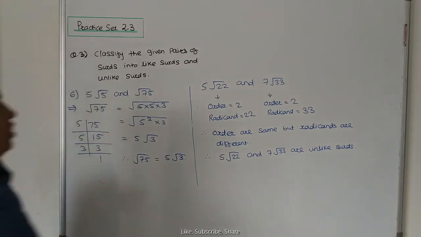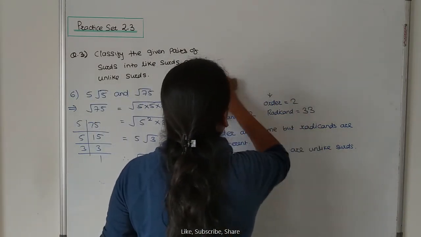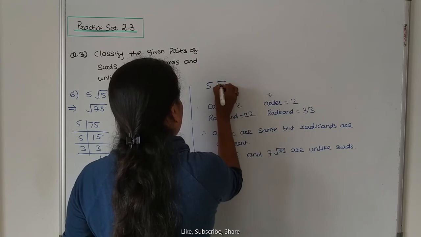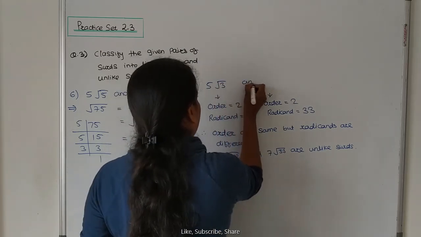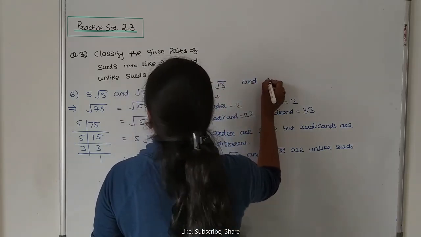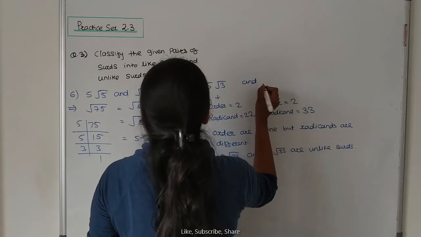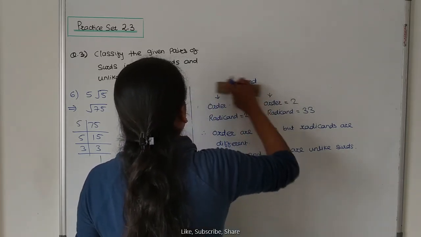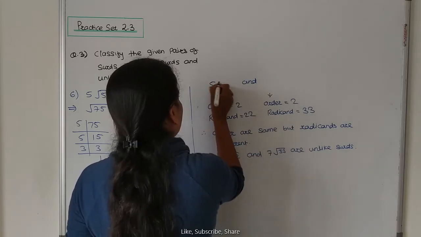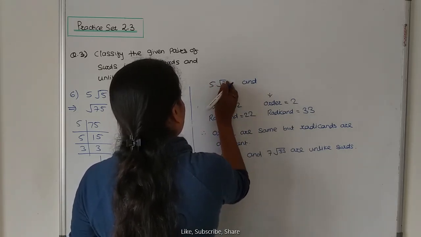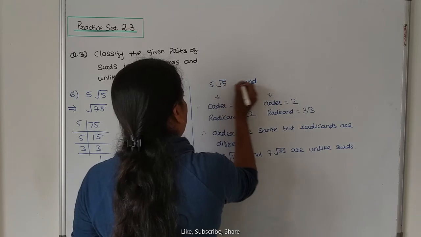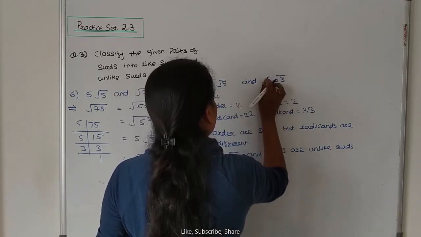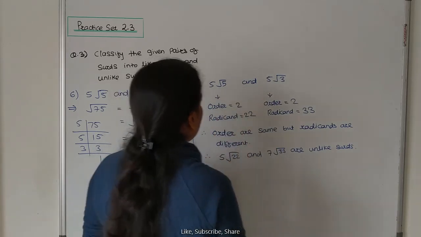So instead of this one, we put here 5 root 3, and the first value is 5 root 5. So 5 root 5 and 5 root 3. Okay? What is the order of this surd?